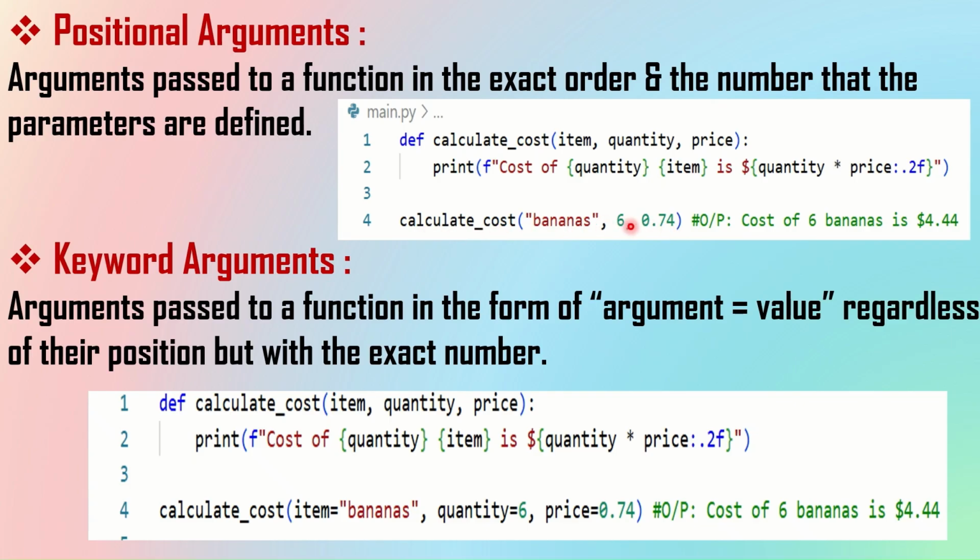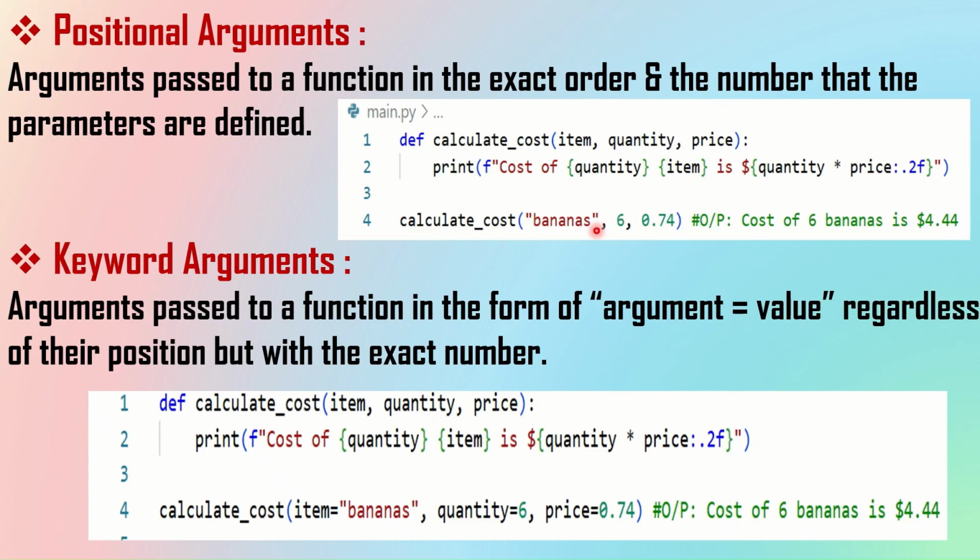Here, whenever we make a function call, we need to make sure that we pass the argument values in the exact order that we defined in the function definition. In the function definition, item is followed by quantity, and quantity is followed by price. So here also I am passing item first, which is bananas, then the quantity, which is 6, and the price value, which is $0.74.